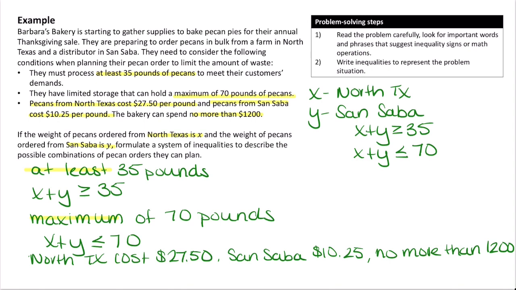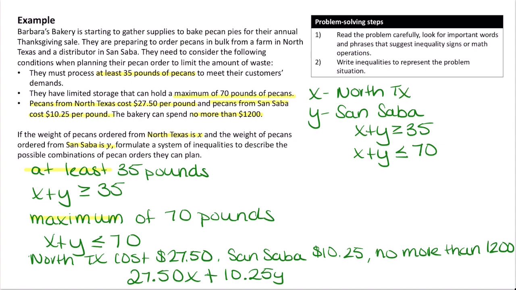So the cost of pecans from North Texas is going to be $27.50 times X, because you do the weight times the cost per pound to figure out the total cost. From San Saba, we have $10.25 a pound times Y number of pounds. And so $27.50X plus $10.25Y is going to be the total cost.